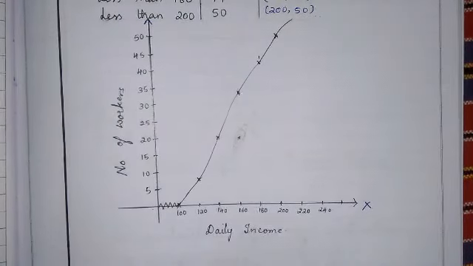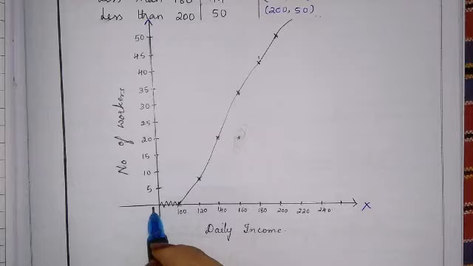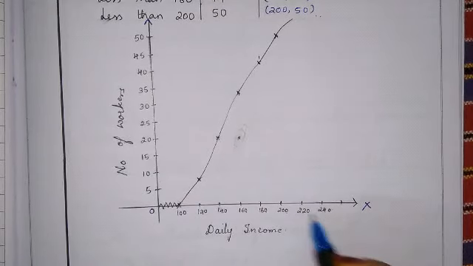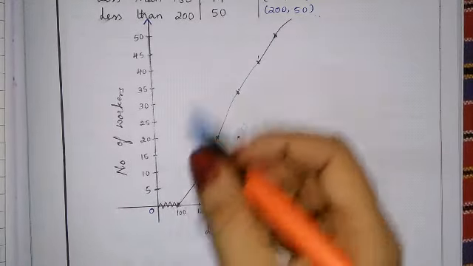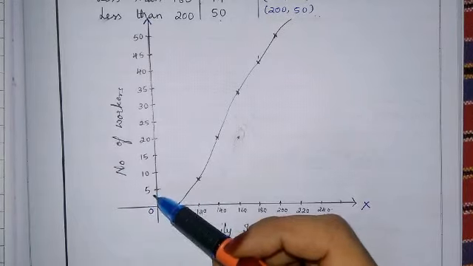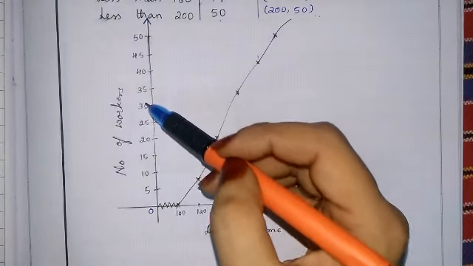So let us see now. We'll just write 0, 100, 120, 140, 160, 180, 200, 220, 240. And here I have taken the numbers between 0 and 50, with distances 5, 10, 15, 25, 30.